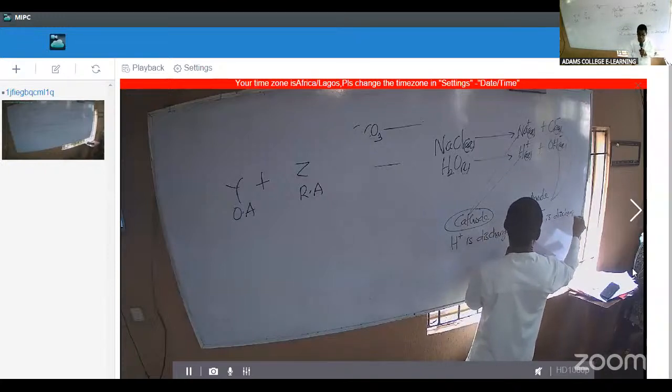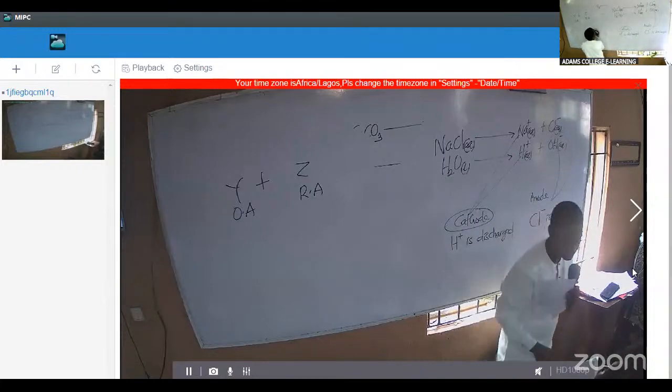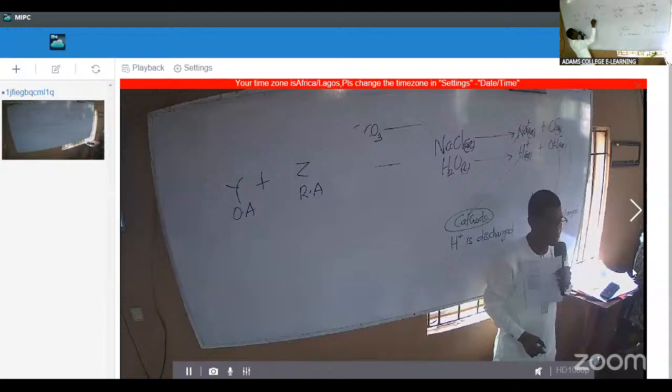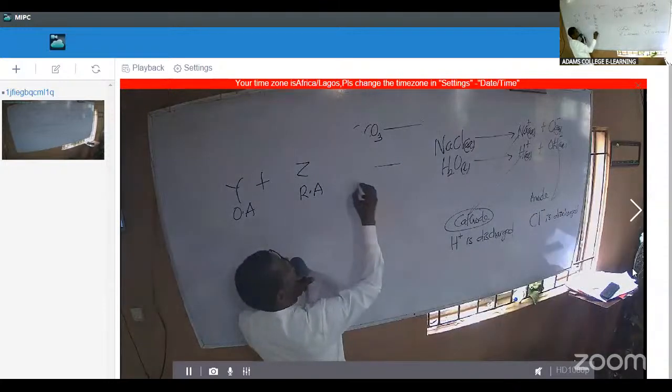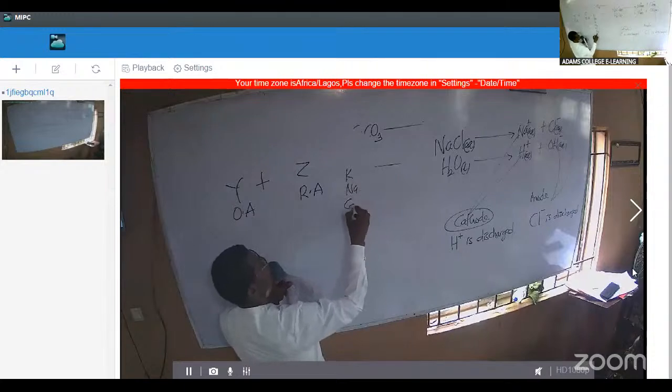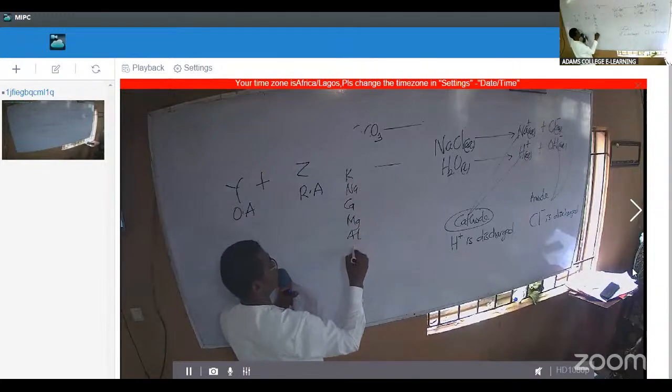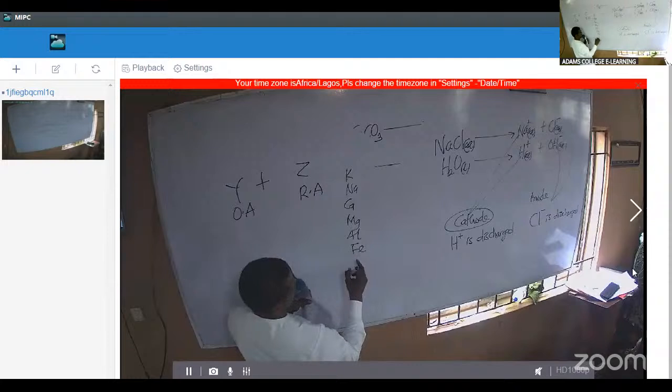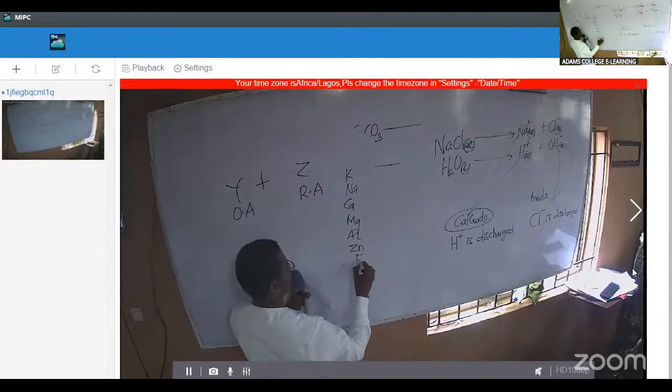Let me explain the meaning of this. Look at this: potassium, sodium, calcium, magnesium, aluminum, zinc, iron, tin, lead, hydrogen. See them.